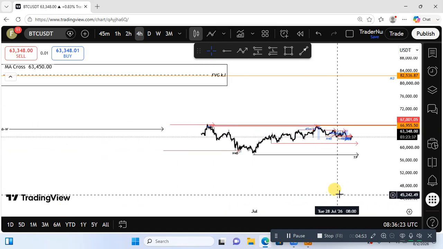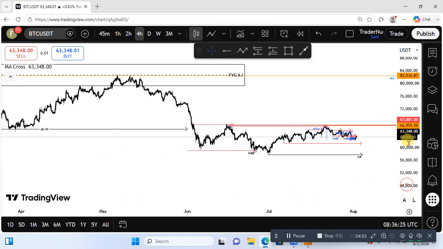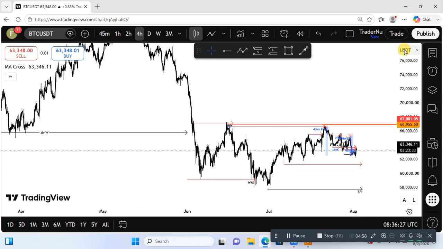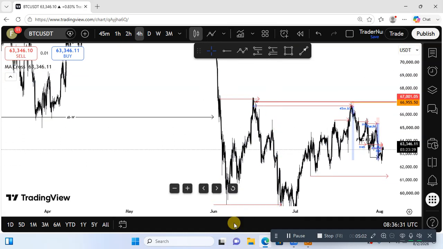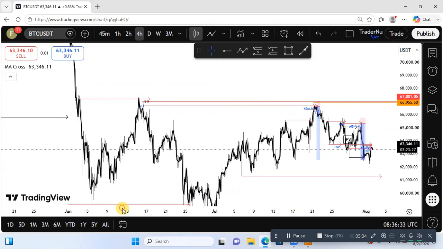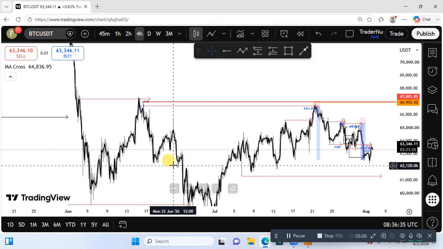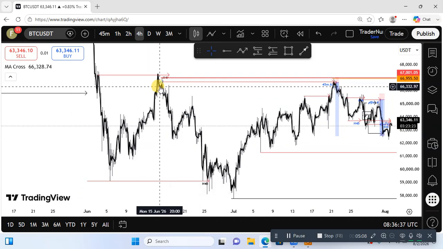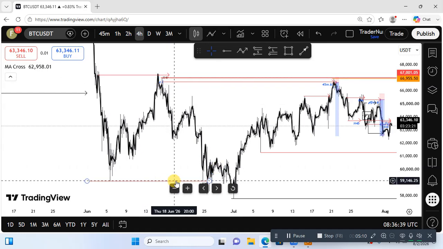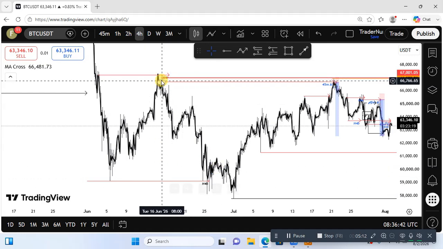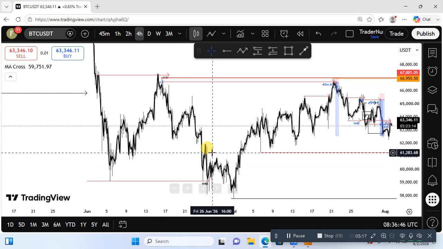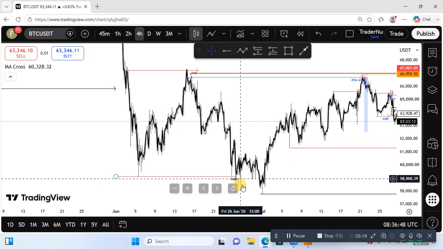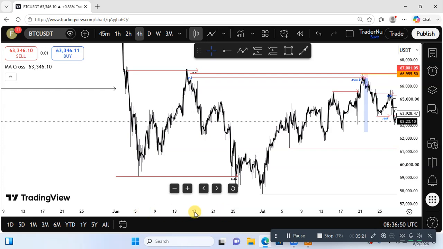Then we are going to monitor what price is doing on the 4 hours time frame. Just like we saw on the 18th, we saw reaction on the 4 hour key level and a break of structure. After we see this reaction and break, we then check where price is supposed to react from.